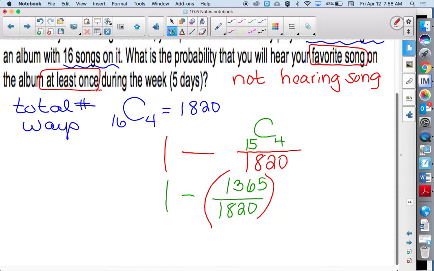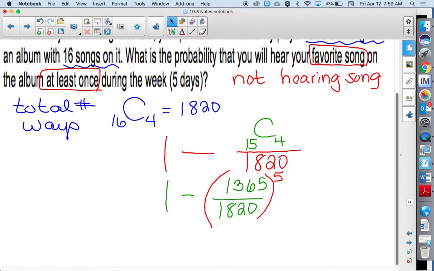You could put the exclamation mark, we could just raise it to the power of 5. So we can just raise it to the 5th power because I'm trying to do the same exact thing for 5 days in a row. Just like we were trying to choose the same person for 3 days in a row.